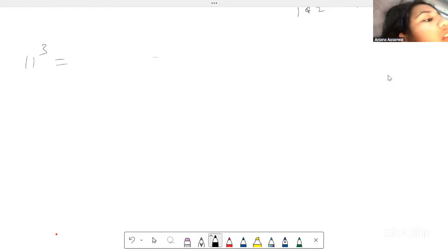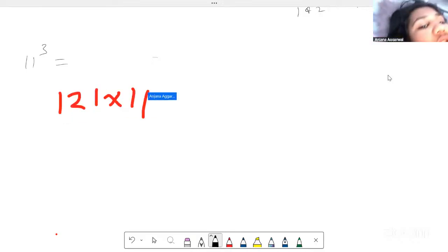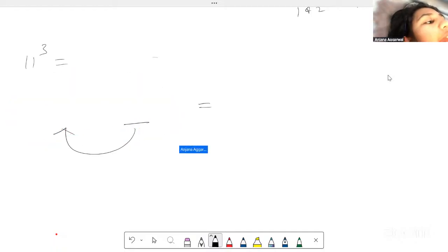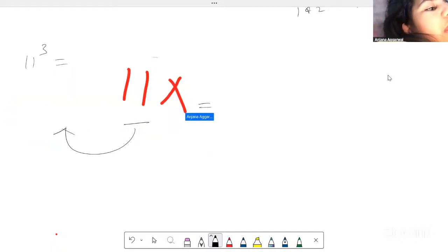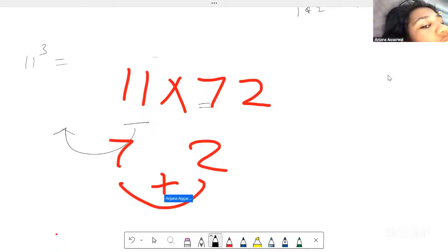11 times 11 is 121. 121 times 11. Oh, wait, Prisha, I would tell you the same method for this as well. Yeah, there's a trick. I can only do 11 times if it's like 72. Then you put 7 and 2, and then 7 plus 2 is 9, so you put 9 in the middle.